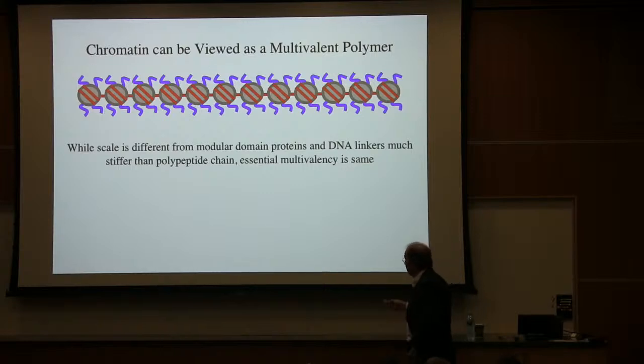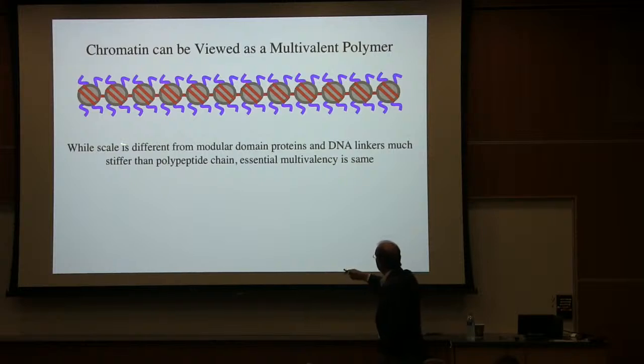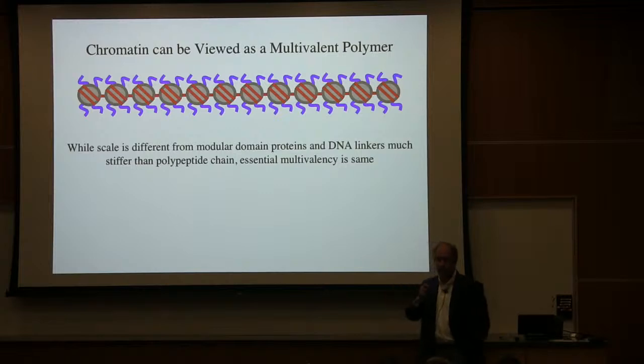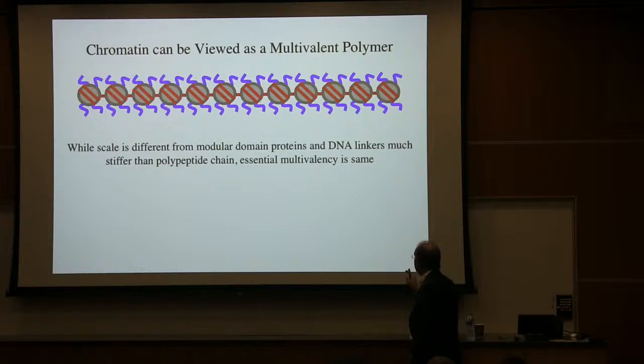Even though the scale is very different from modular domain proteins, coming back to the theme I established a couple of slides ago, nucleosomes are gigantic compared to the protein domain. And even though the DNA linkers are much more rigid than protein linkers, and I'll come back to that in just a few minutes, fundamentally, the essential multivalency is the same.